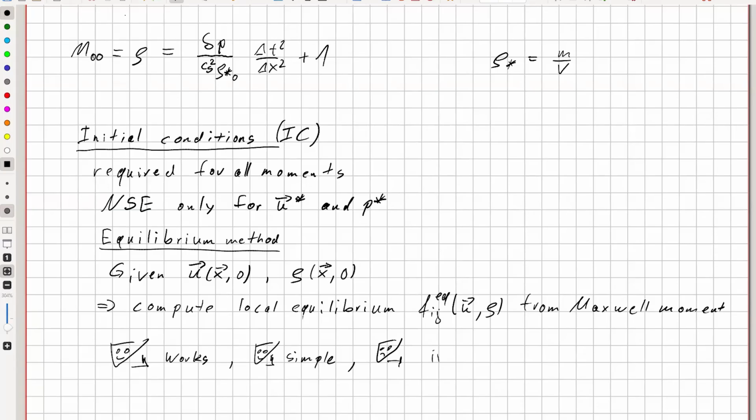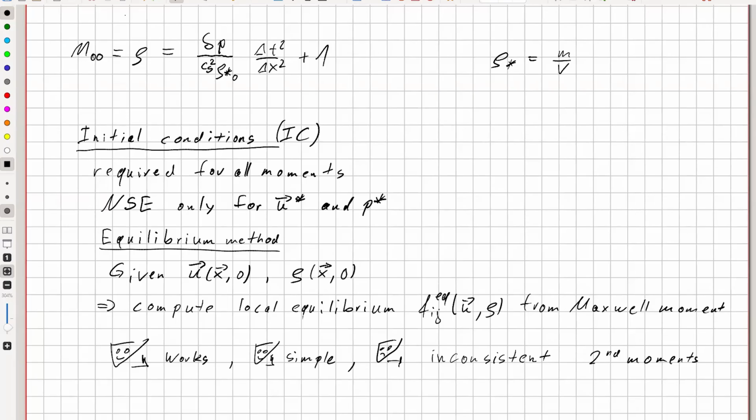This is inconsistent, in particular for second moments.